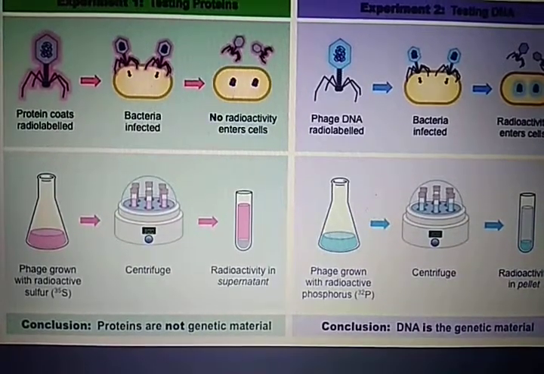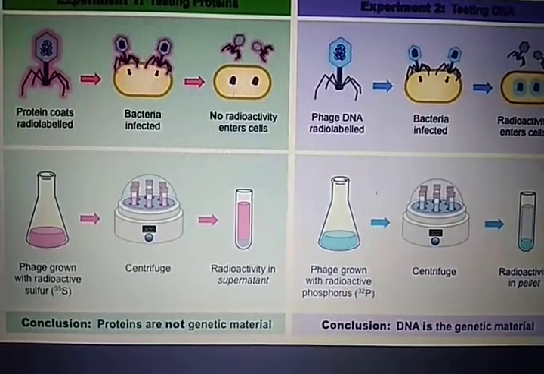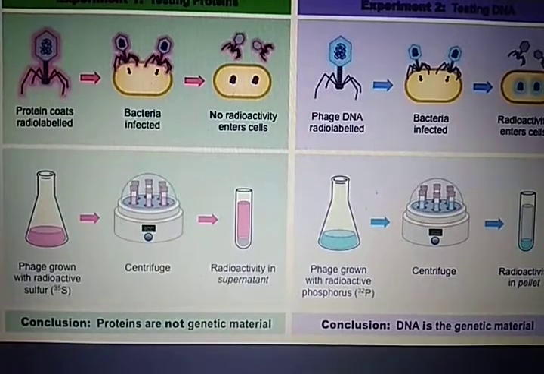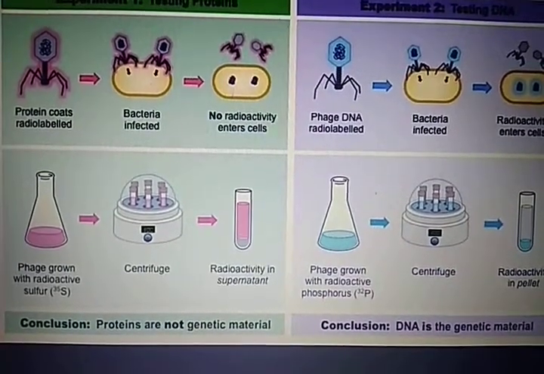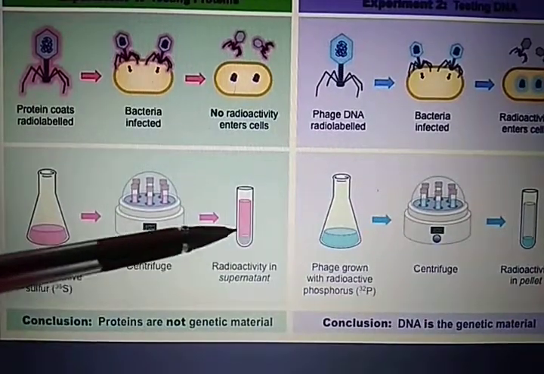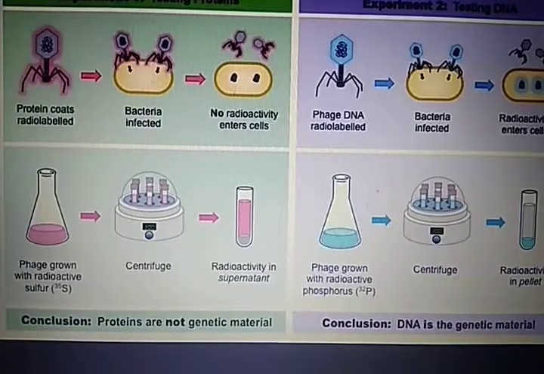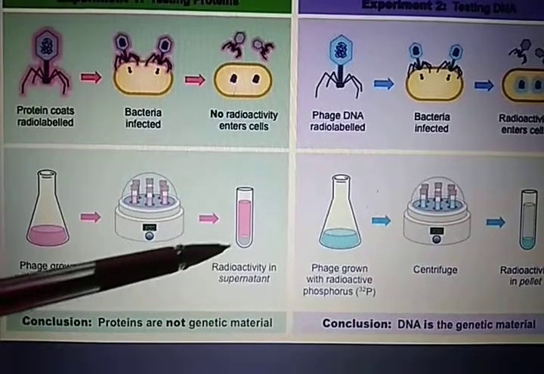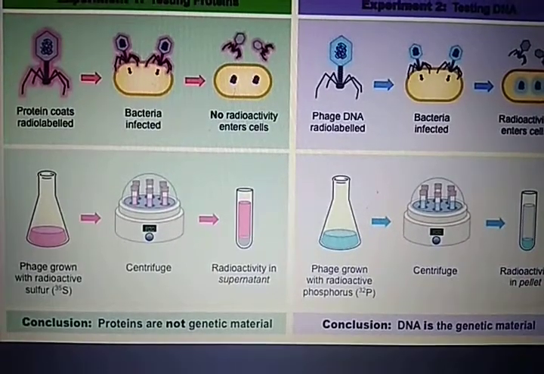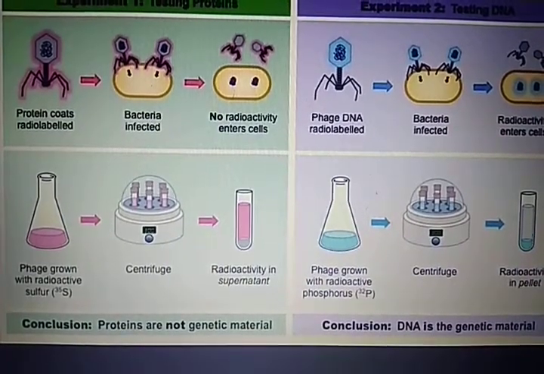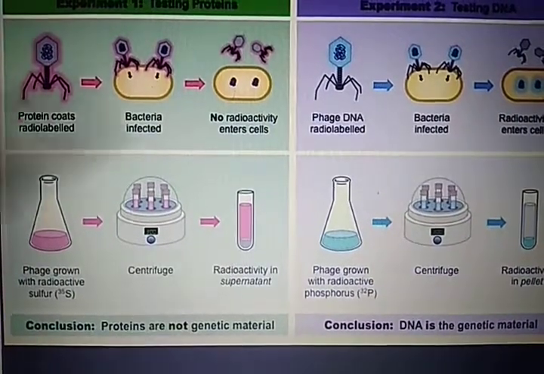When they centrifuged the composition, it separated into two parts. The virus, being lighter, floats as supernatant, while the bacteria, being heavier, settle down as pellet. So what is present in the pellet? Bacteria is present, and there is no radioactivity in the pellet.